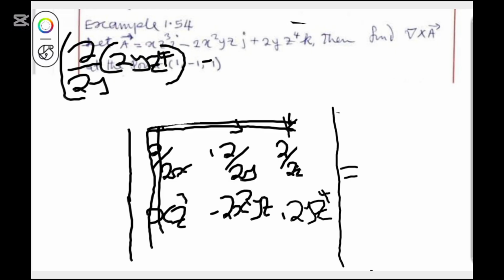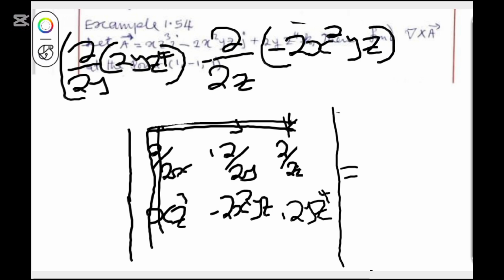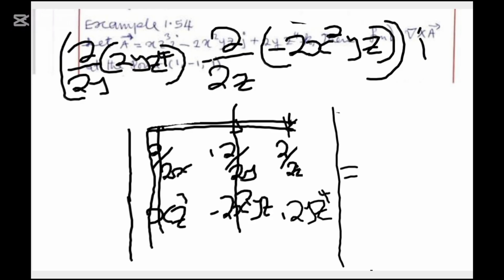Then I have to subtract this and this. So multiply by the partial of z multiplied by this, -2x squared yz. So I am done with i. The next thing I'm going to do is the value of j.